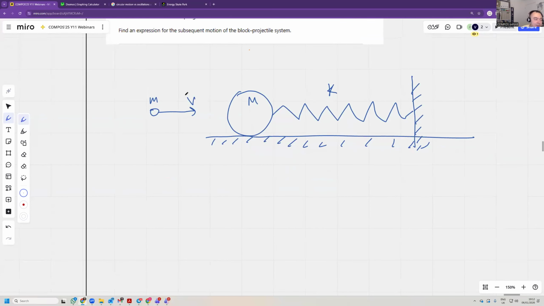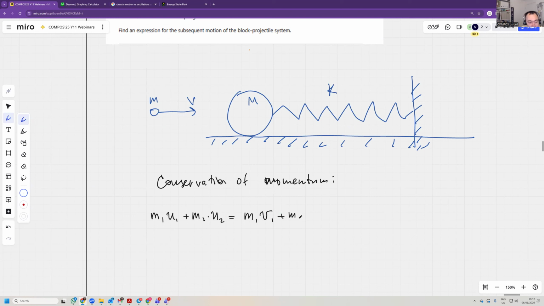So first we need conservation of momentum. Mass 1 times the initial velocity 1 plus mass 2 times the initial velocity 2 is mass 1 times the final velocity 1 plus mass 2 times the final velocity 2. That's conservation of momentum.